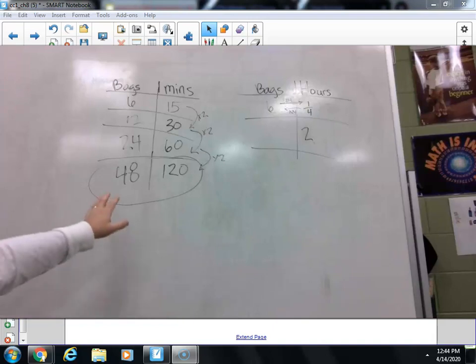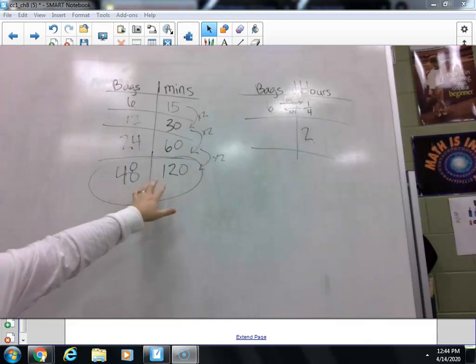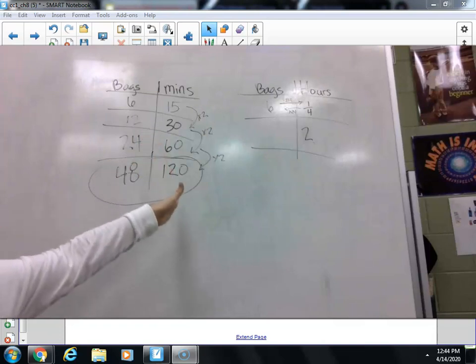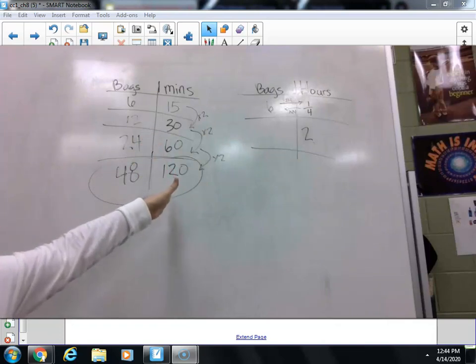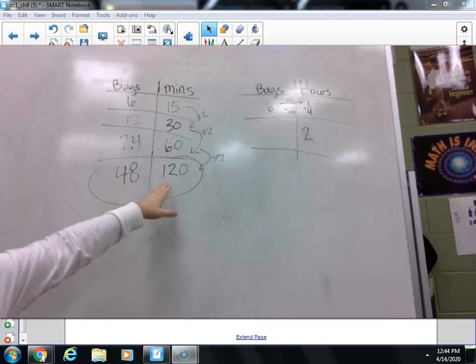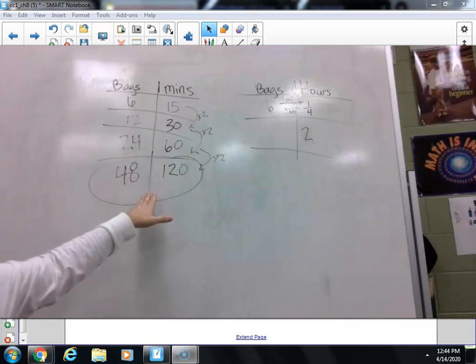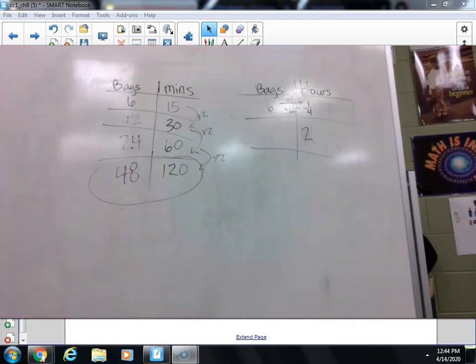So remember that in this table, we compared bags and time in minutes. We converted the hours into minutes here because we want to compare the same unit of time. But letter B is asking us now to compare the bags to time, but instead of minutes, in hours. So we want to think about how we can compare the same data, but in hours.